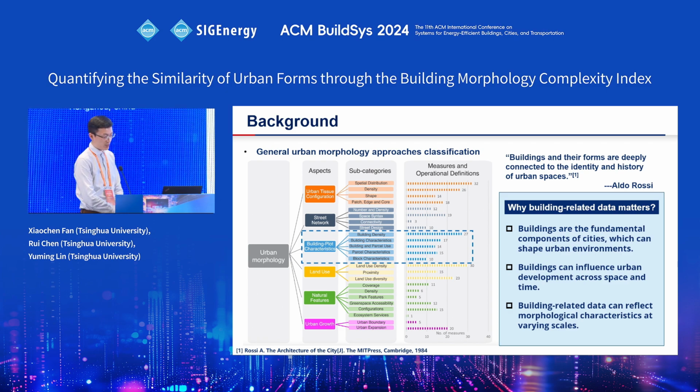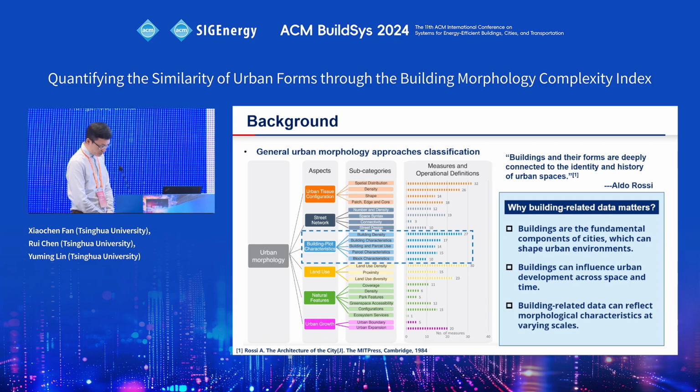You may know he was a famous Italian architect, and he said that buildings and their forms are actually deeply connected to the identity and history of urban space. So regarding why building-related data are important for the urban morphology analysis, we list some key motivations for this study here.